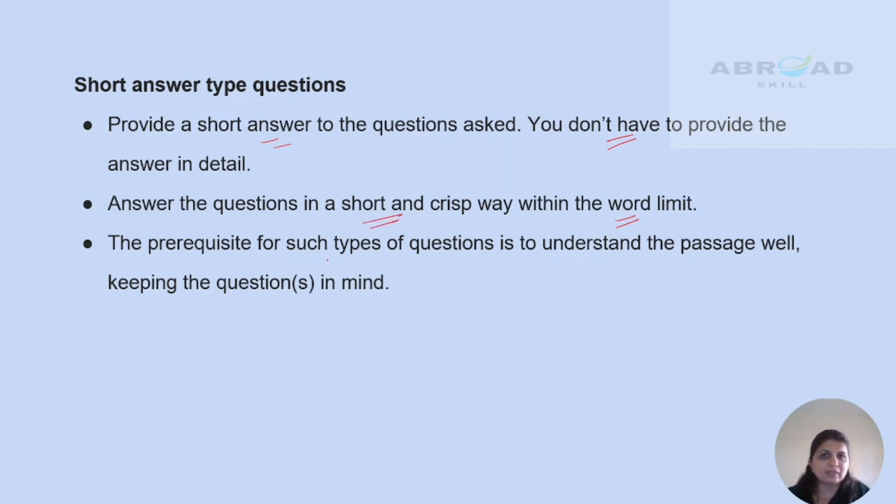The prerequisite, the basic essential in this type of question, is to understand the passage well, so that you keep the questions in mind. Once you understand the crux of the passage, what the passage is exactly about, it becomes very easy for you, because now you know the keywords and where you will be able to locate the answers. This will help you answer short answer type questions easily.